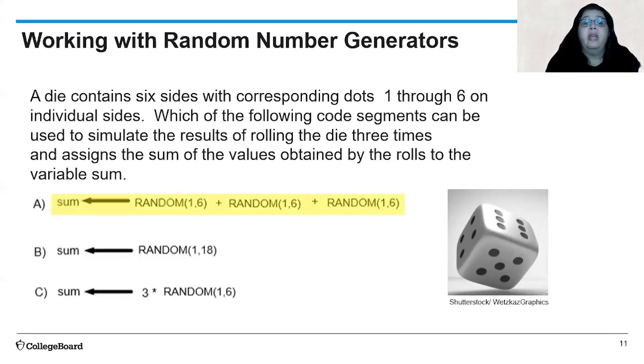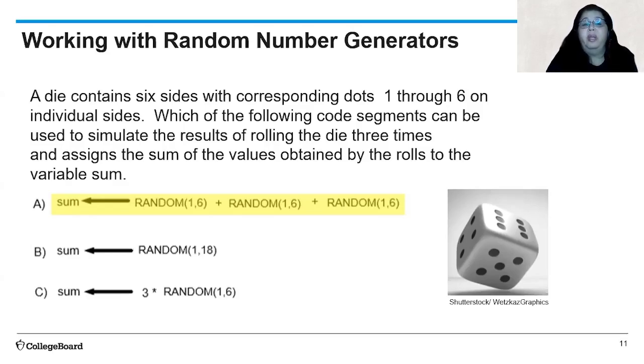If you said A, great, because every time you roll it, you're not going to get the same number, or hopefully you don't. Sometimes that does happen. You can't pick C because C multiplies one number that came out 3 times, which says you rolled the same number every time, and that's not what's happening.